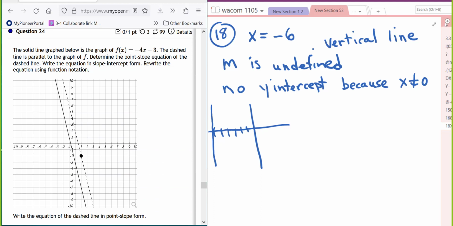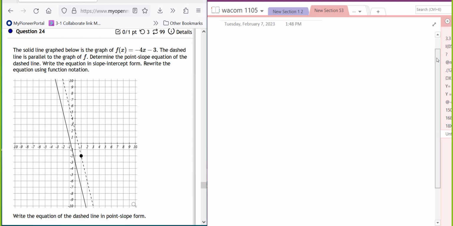And this is where they start talking about parallel and perpendicular lines. And so from our first page, remember parallel lines have the same slope. That's important. They're giving us a picture this time, and the solid line has this equation.